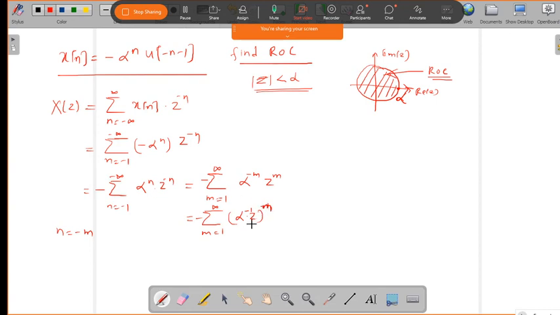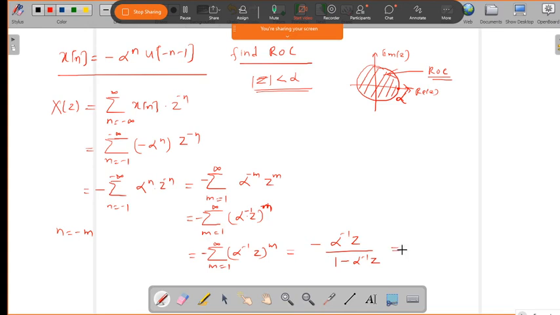So this is summation m equal to 1 to infinity of alpha power minus 1 z whole power m. Since m is a dummy variable, we can replace it again with n, and we get the summation value, which is equal to alpha power minus 1 z divided by 1 minus alpha power minus 1 into z. This is the solution.